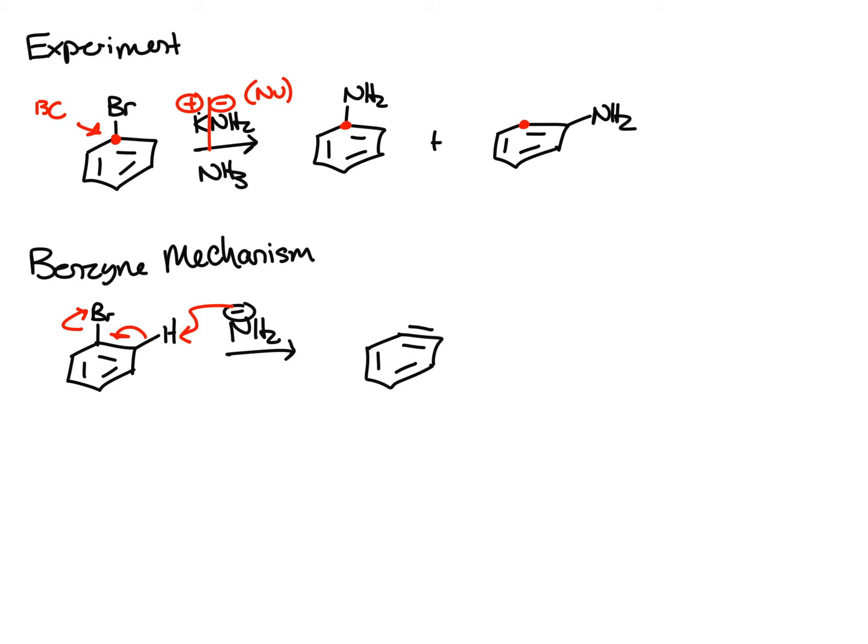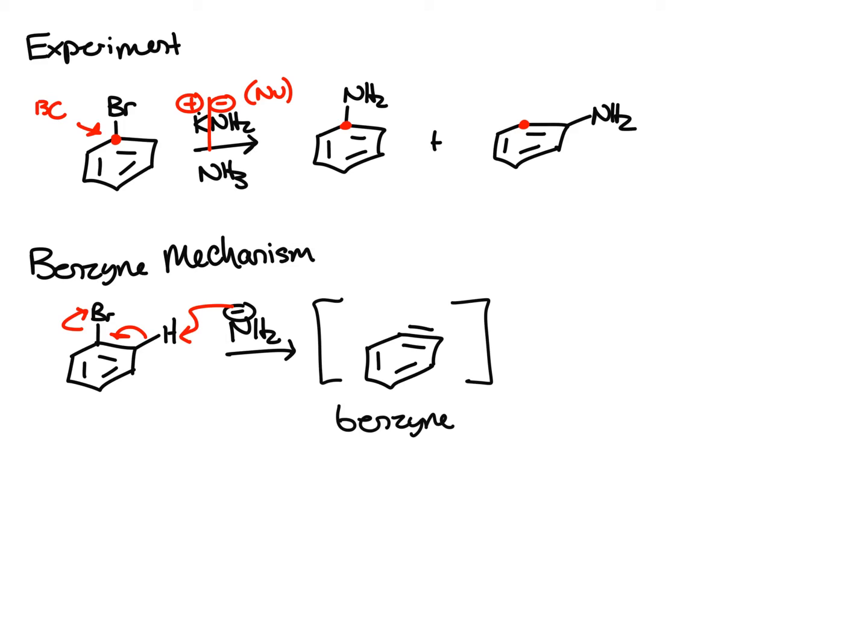What we do now is add a second pi bond across this portion of the ring. We have a triple bond in the ring, and this is a very unstable intermediate known as benzyne.